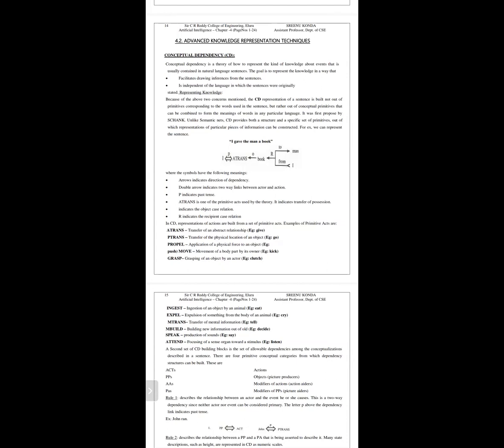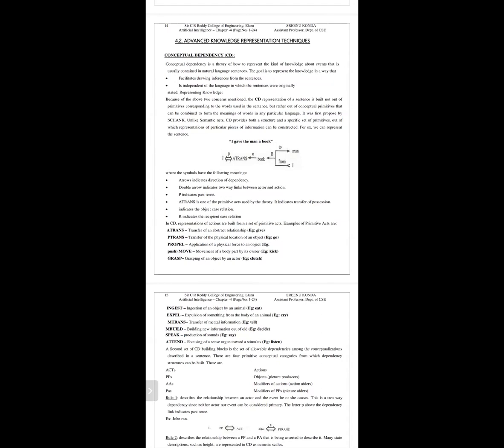Who is the recipient? That means to man. That means the book is being given to man from I. So I gave the man a book. This is how the representation looks in conceptual dependency.